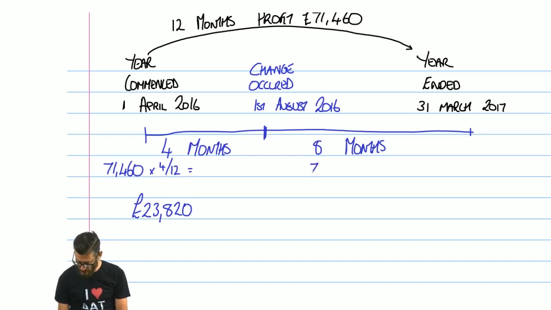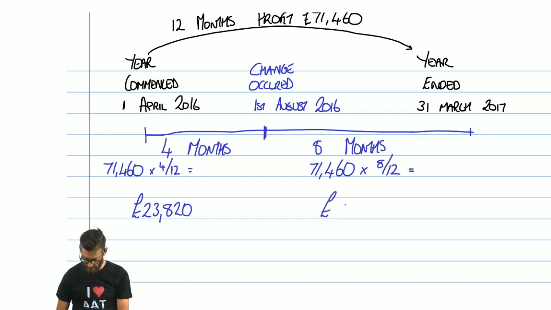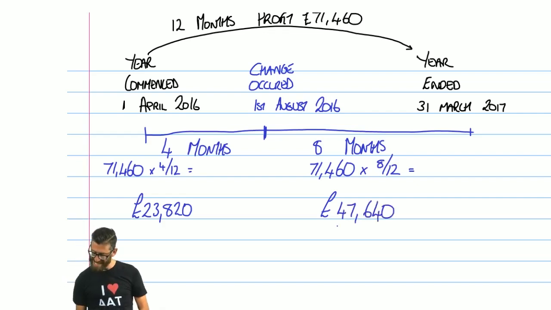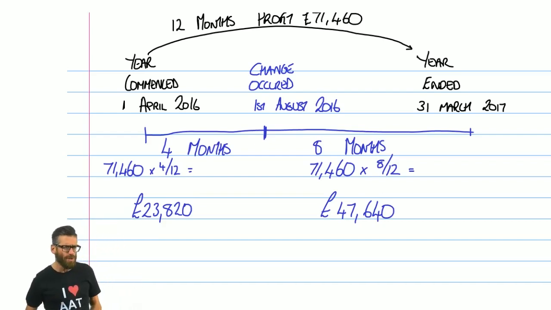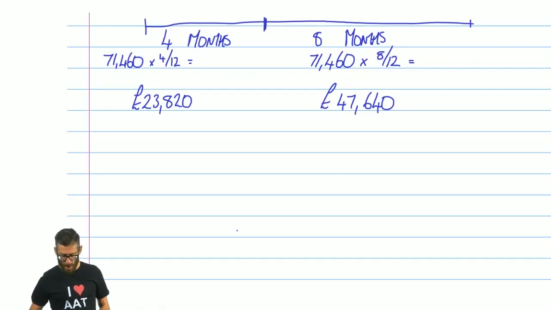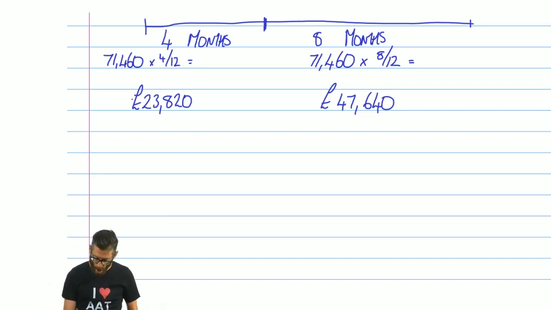And for good measure, 71,460 times 8/12 would give me 47,640, which is exactly double that amount. And if you want to verify this before you proceed, just add the 23,820 to the 47,640, and you will indeed come back to 71,460. So I'm content those numbers are robust.